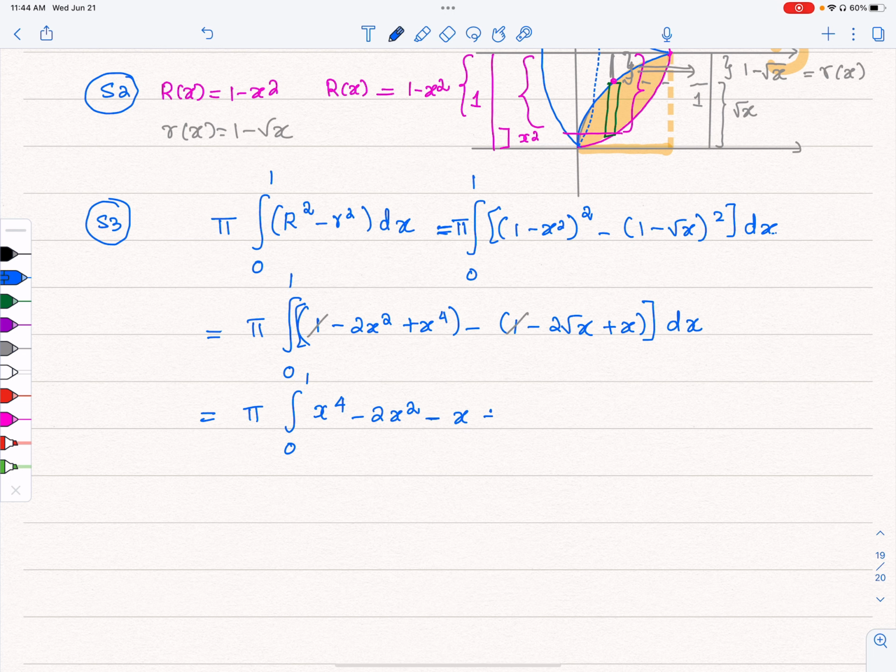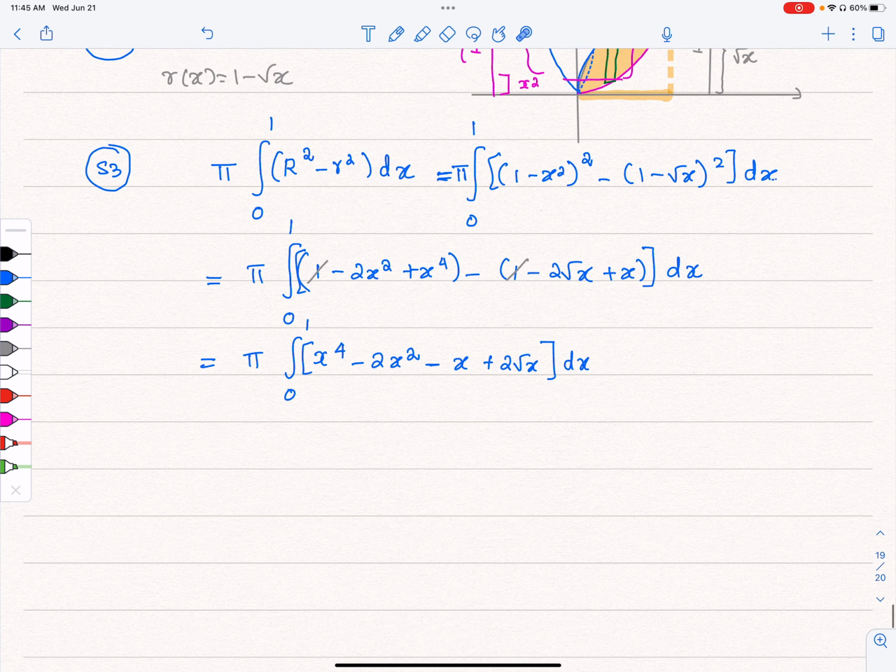Then we have plus 2 root x dx, right? We distribute these to here, it's going to be a plus and it's going to be a minus there, right? So that's why we have minus x right here. Then we have a plus 2x right there. Is everyone okay?